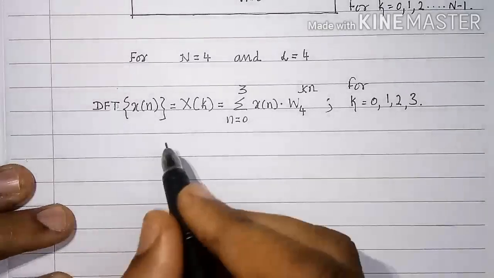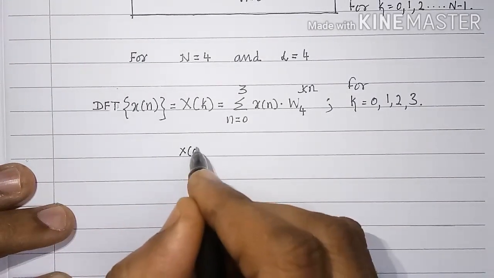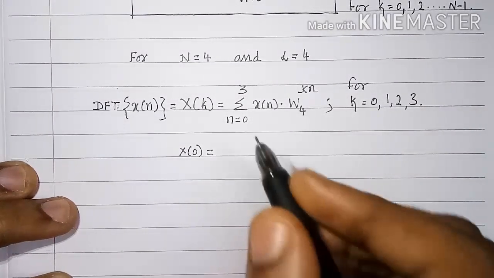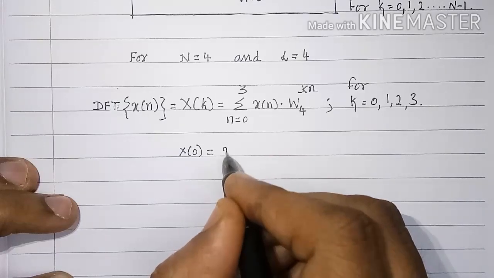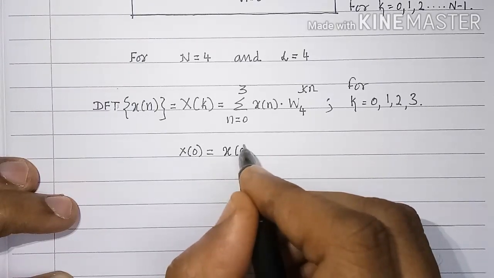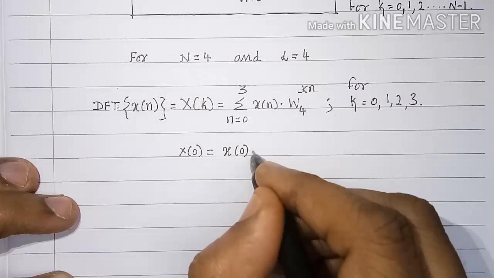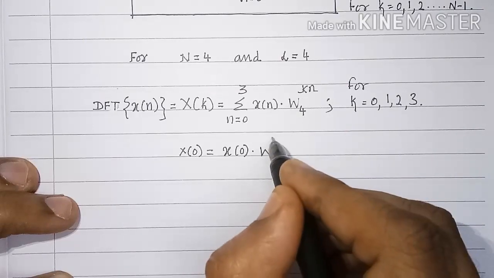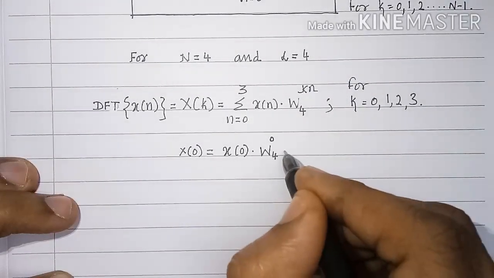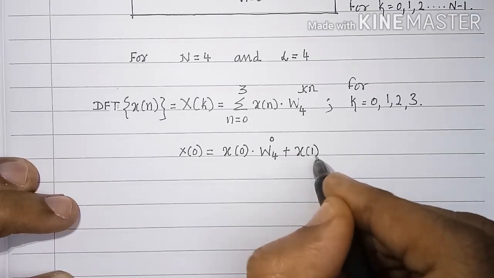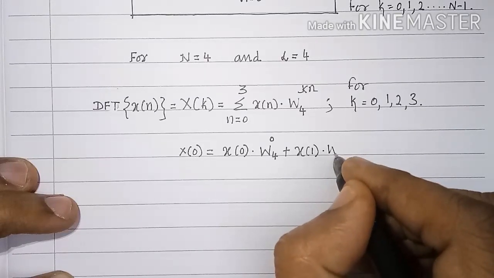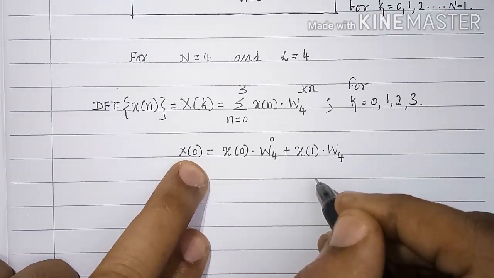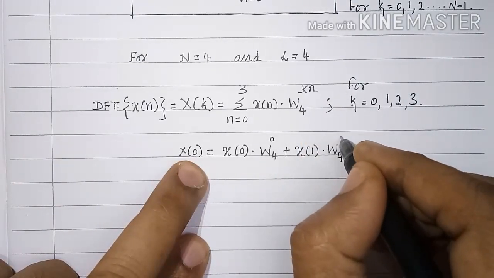If we expand this, x of 0 will be equal to x of 0 into W4 to the power 0, as the product of k and n is 0, plus x of 1 into W4 to the power 0, since k is 0, n is 1, but the product remains 0.